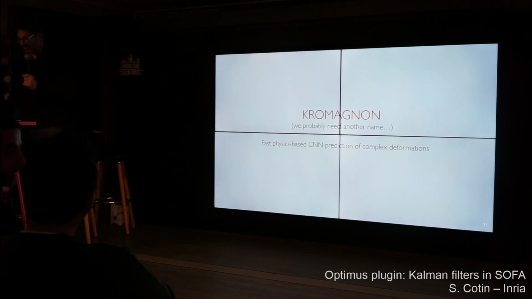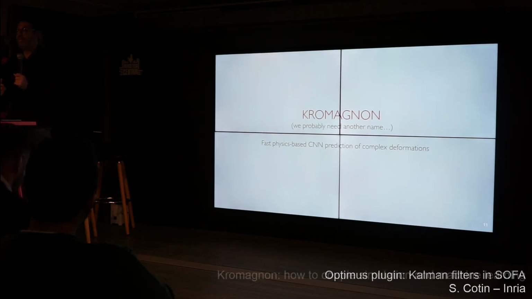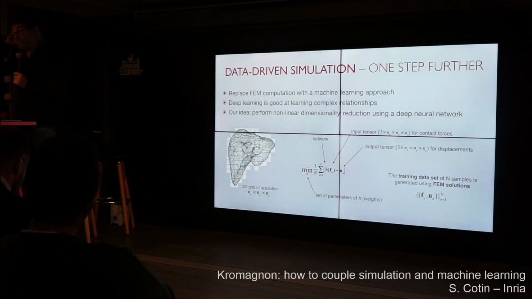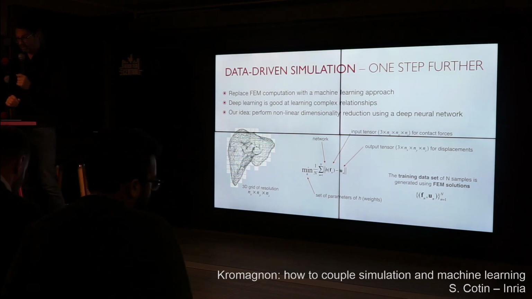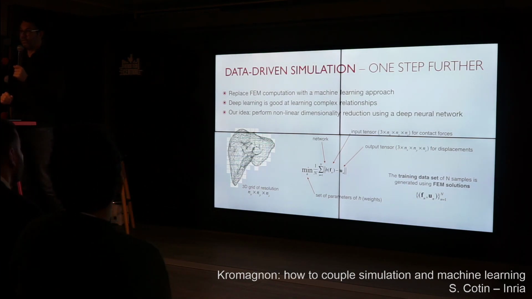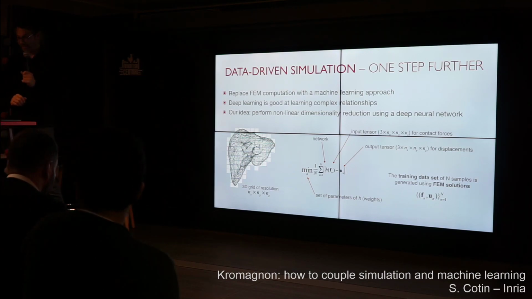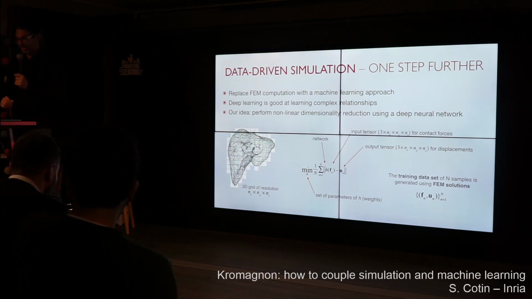But I want to show you some results on what we've done to model and simulate in real time the deformation of complex structures using machine learning. So it links to what Eleonora was showing earlier, except I will replace the breast by livers.